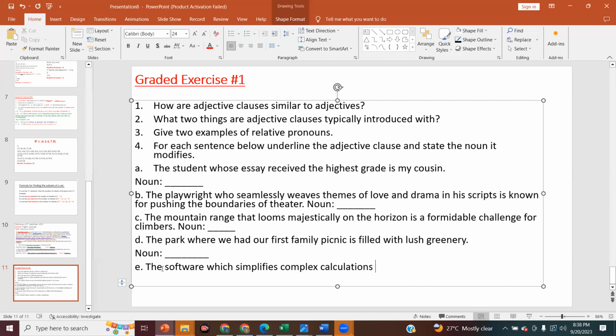The software which simplifies complex calculations is widely used in the finance industry. So the noun is what?